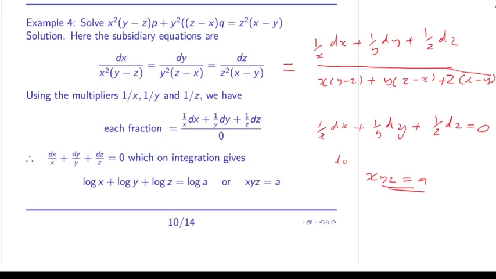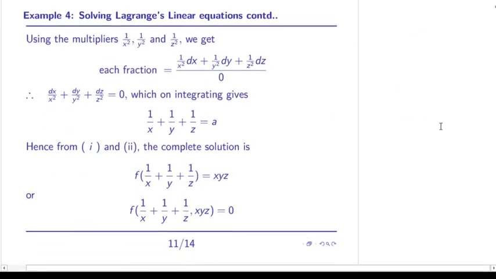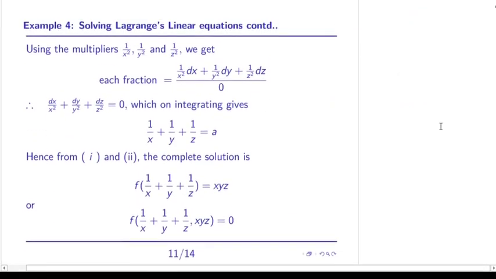So multiply each term in the auxiliary equation with x square, y square and z square. Then what you get is x square dx plus y square dy plus z square dz divided by component-wise multiplication. So here also the denominator will become 0.